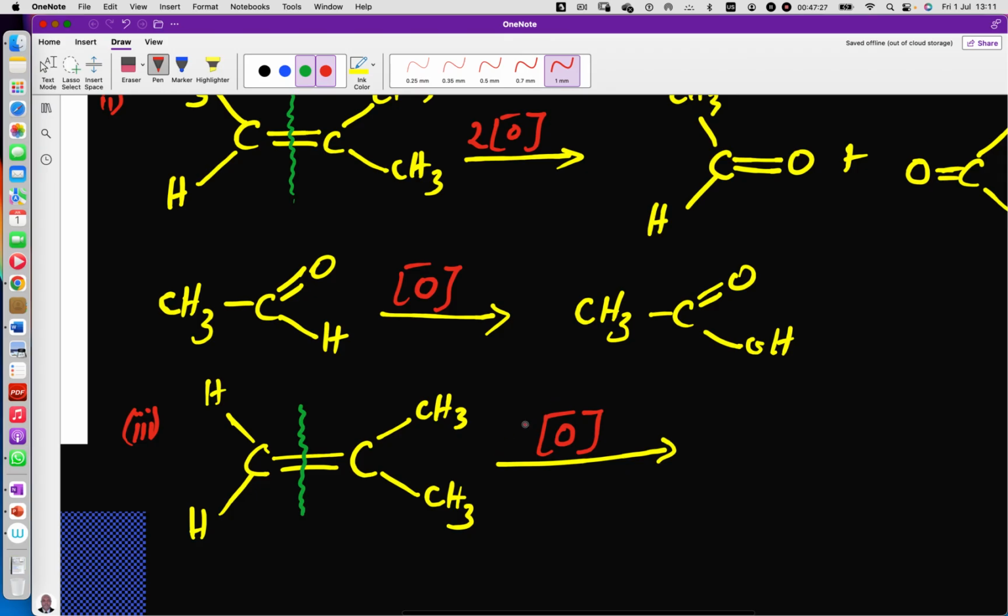we have four oxygen here. Now it will be carbon dioxide. This end, the carbon will be converted to carbon dioxide. The hydrogen will be converted to water.